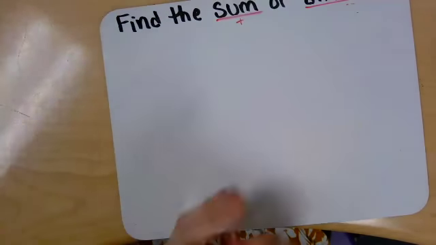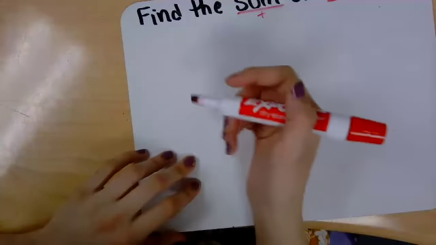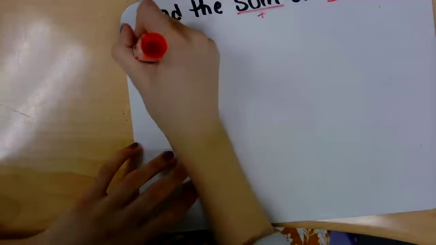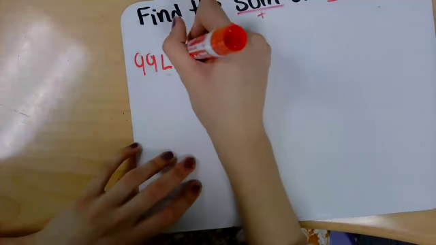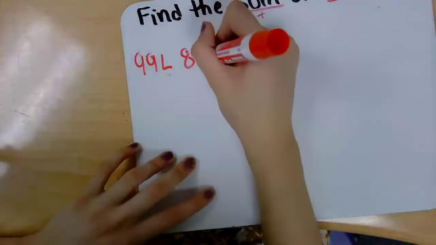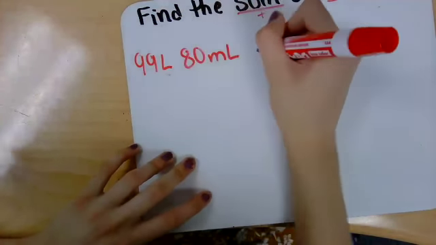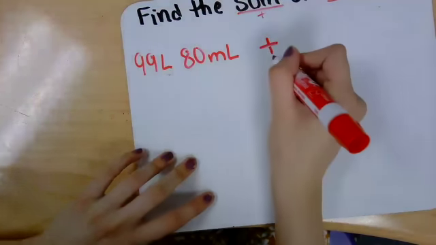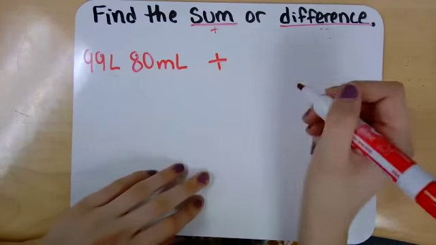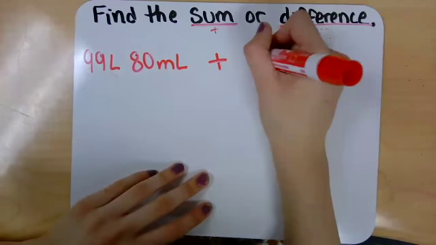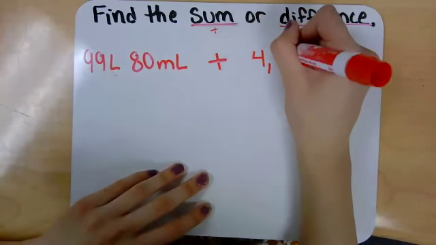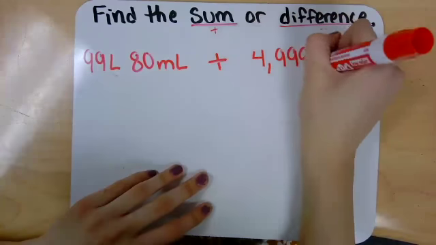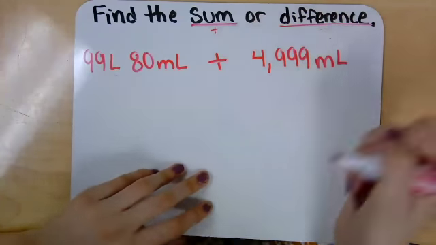Okay, so let's start with 99 liters and 80 milliliters plus, so we're finding the sum, plus 4,999 milliliters.